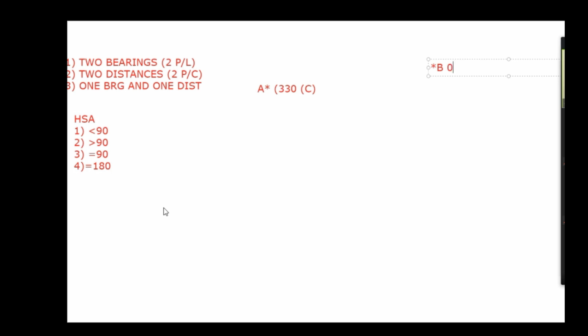Now you may ask why you cannot draw the compass bearings. Anybody can give the answer why the compass bearings cannot be drawn on the chart? Sir, because of the error. Because of the error, and the compass rose given is with respect to the true north.